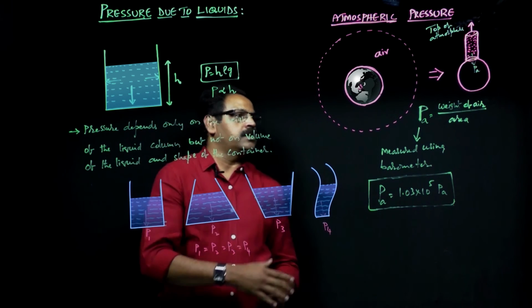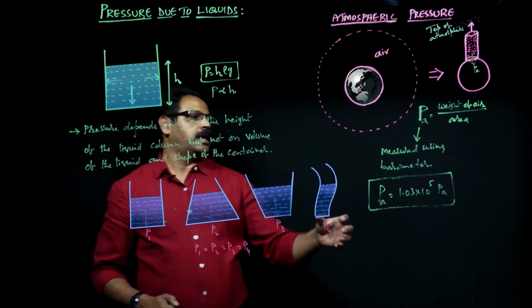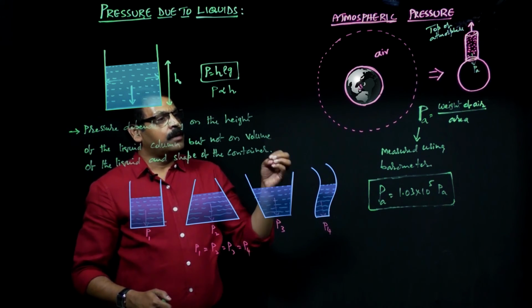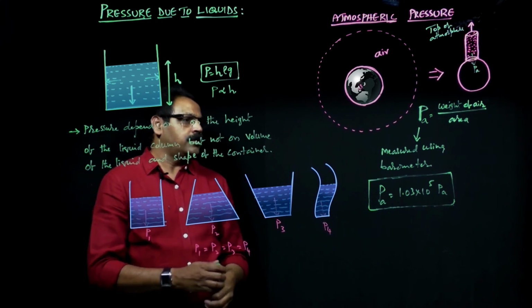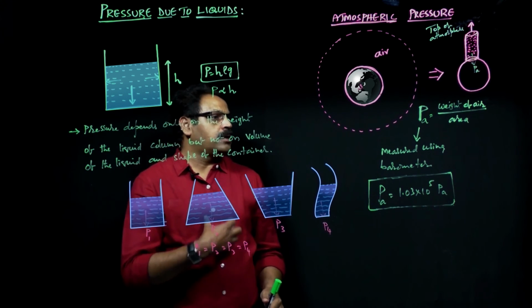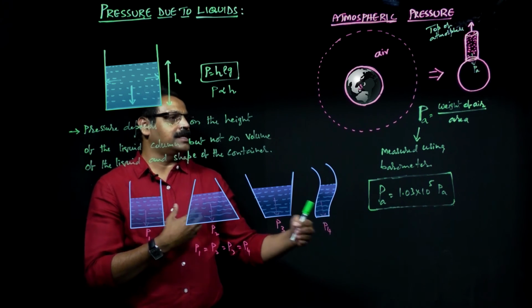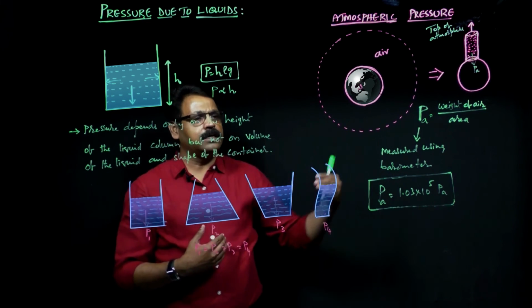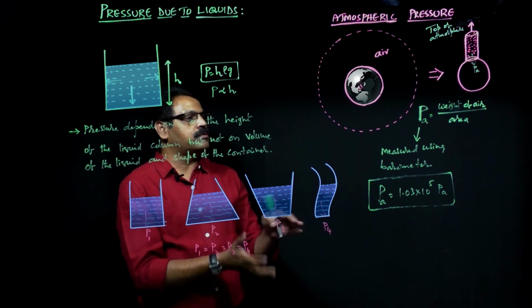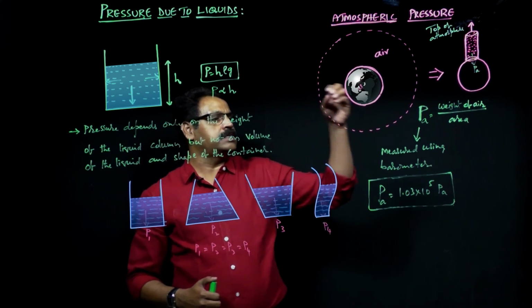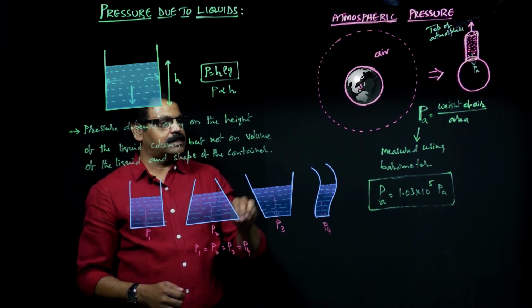One thing you need to understand is that as you go to greater heights, pressure decreases. Therefore, inside our body the pressure is high, outside the body the pressure is less. That is the reason when you go to heights, the nose bleeds because of this pressure imbalance. So as you go to heights, pressure decreases.